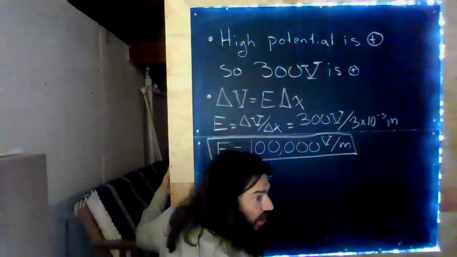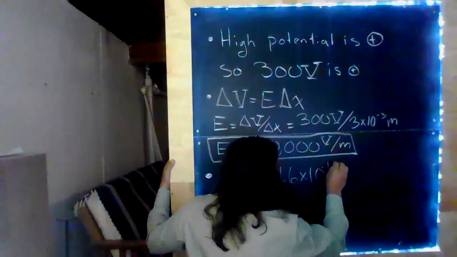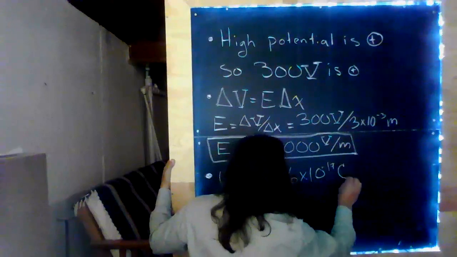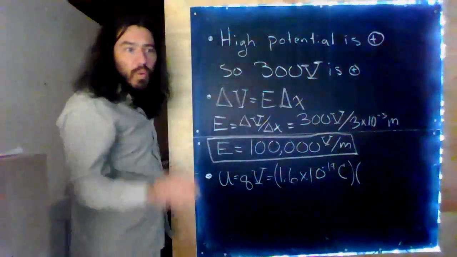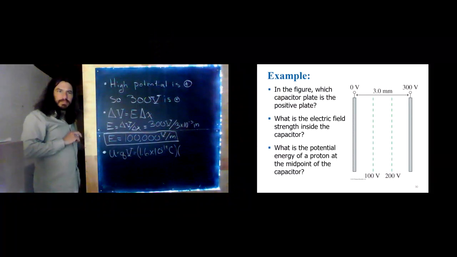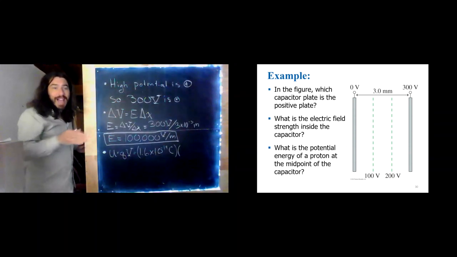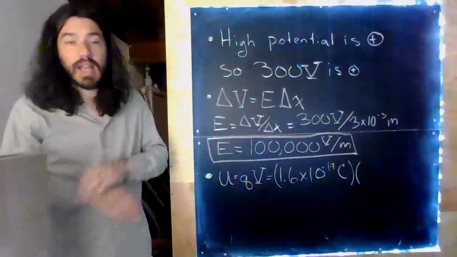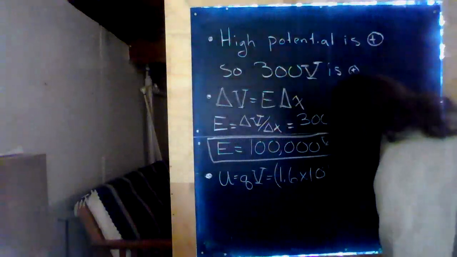We know that the charge of a proton is 1.6 times 10 to the negative 19 coulombs. And if it's at the midpoint of the capacitor, what is the potential? Answer that to yourself. Hopefully you said 150 volts, because if I'm halfway through the capacitor, then I'm at half the total potential. So the potential at the midpoint of the capacitor is 150 volts.